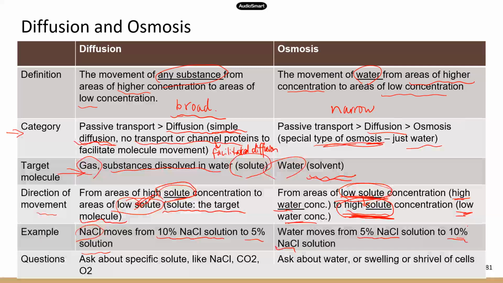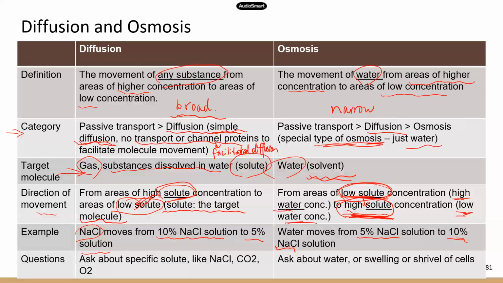I would recommend that you just remember one instead of two. Now, when you double check, you can think about both solute and water concentration. But as you get used to this, as you get better at this, you can really just use the solute concentration to figure out how water moves.